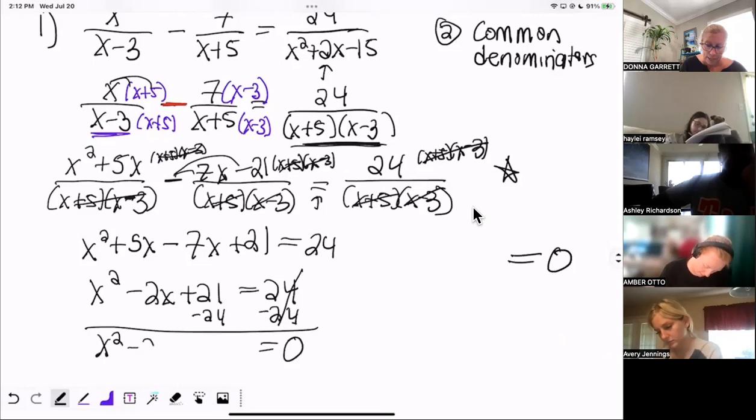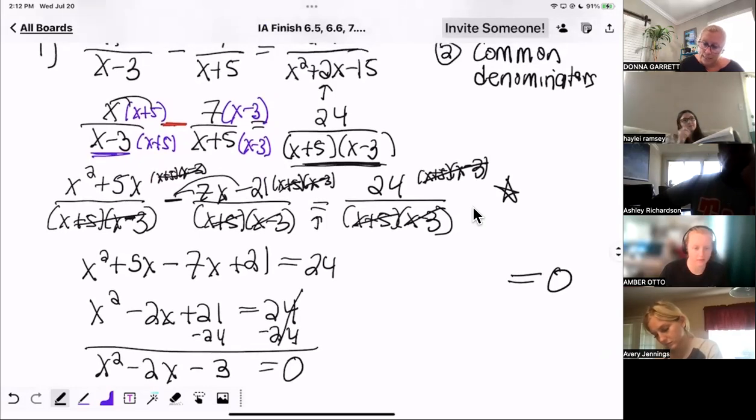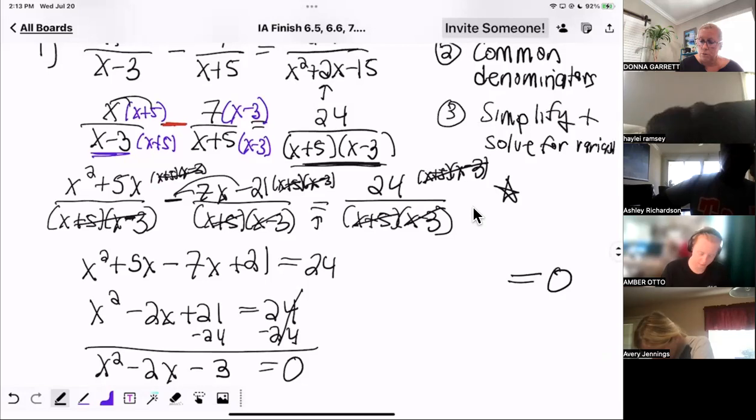X squared minus 2x minus 3 equals 0. All right, common denominators, 3. Simplify and solve for x, or solve for whatever variable it is. And then I have one more thing to add after that.